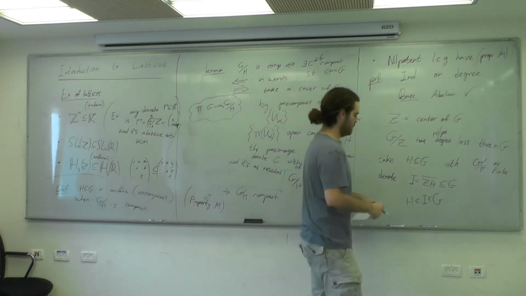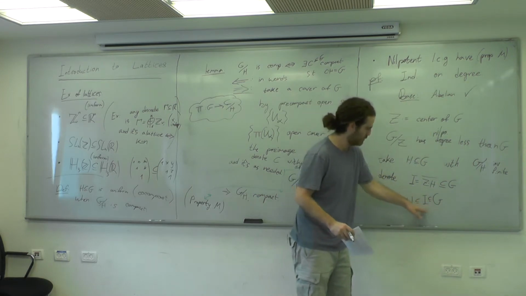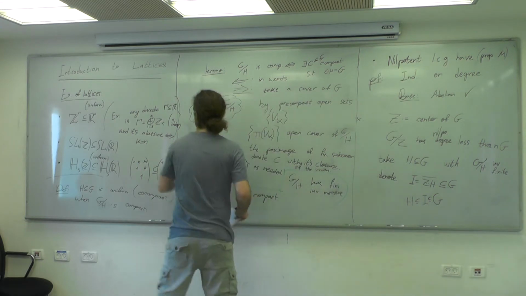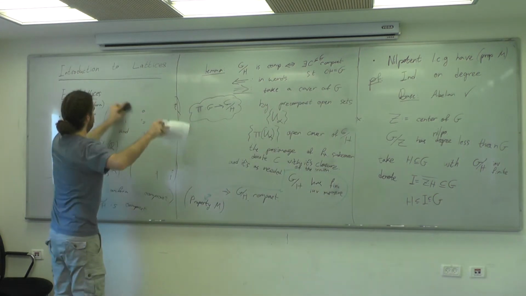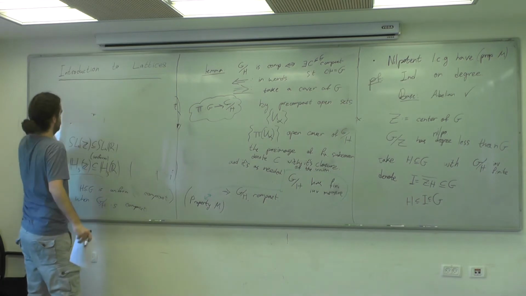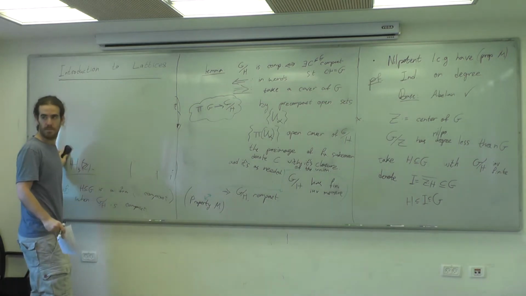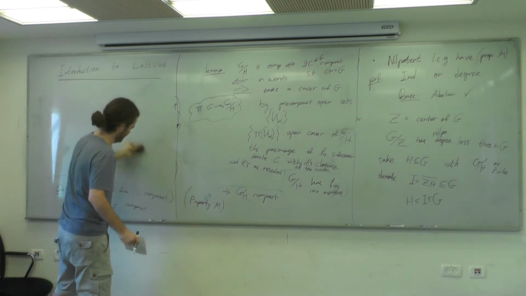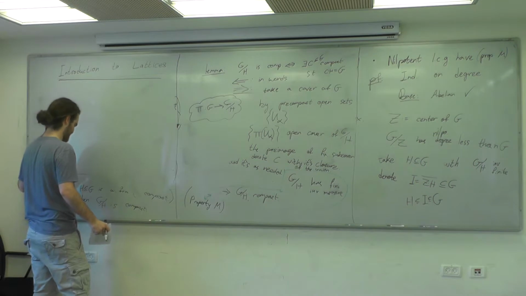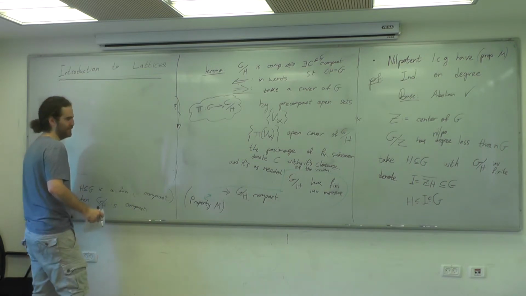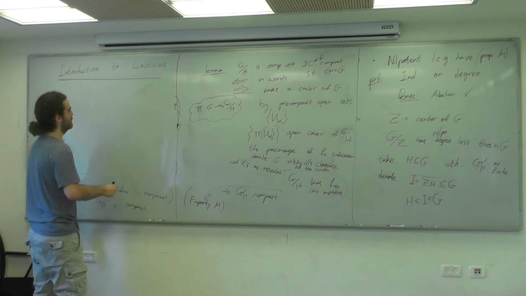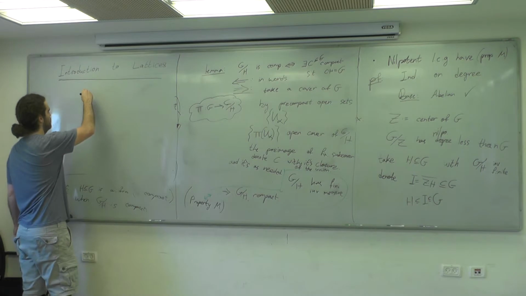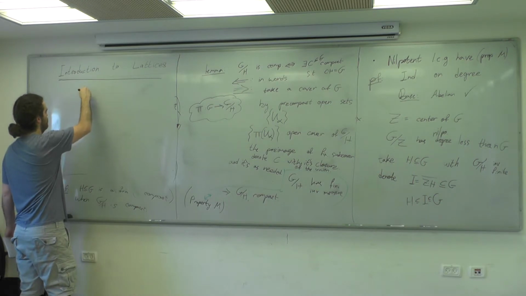So what do we know? Why is it sufficient to show that G mod I is compact and I mod H is compact? Because then we continue in the proof. So it's sufficient to show that G mod I and I mod H are compact.